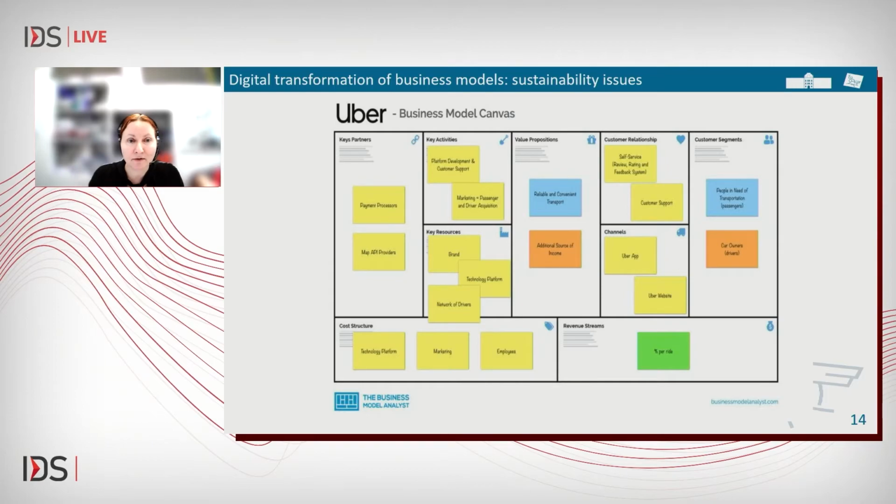If we go to customer relationships, customer relationship in the Uber business model involves three sides. We have customers, we have drivers, and we have regulators. But the most important part here is customers.